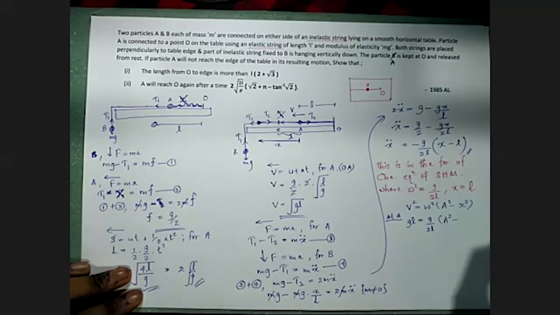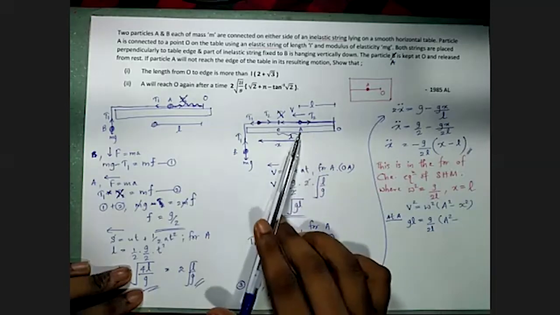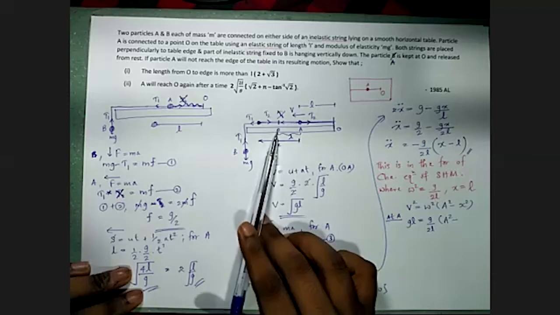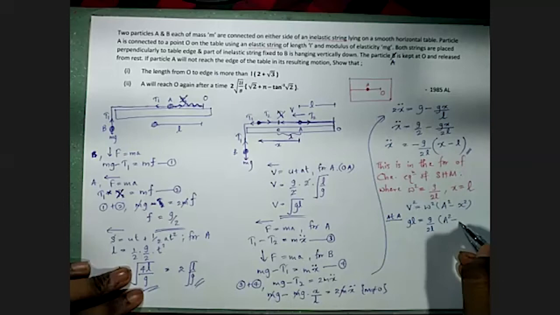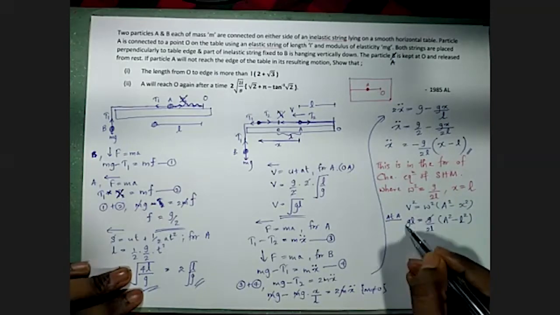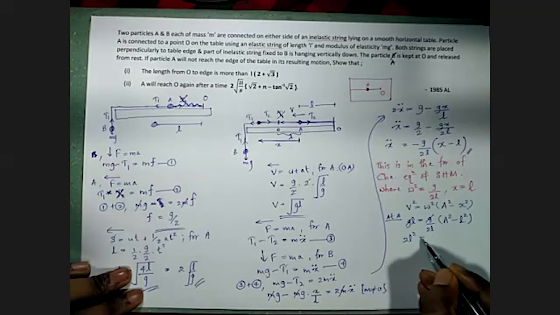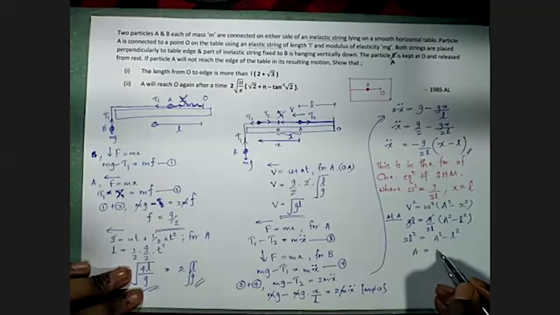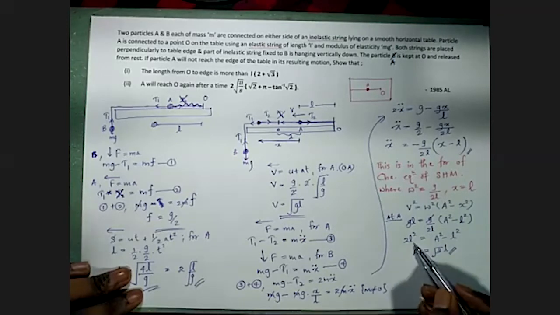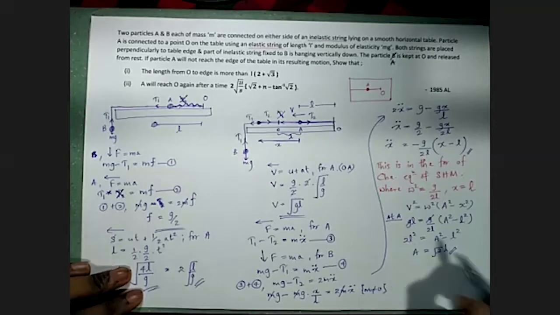Amplitude square minus x square. Then what is the distance from this point A to the center of simple harmonic motion? From here to here, the value is L. So x is L, and x square becomes L square. gL equals g over 2L times amplitude square minus L square, so 2L square equals amplitude square minus L square. Take minus L square across, it becomes 3L square.